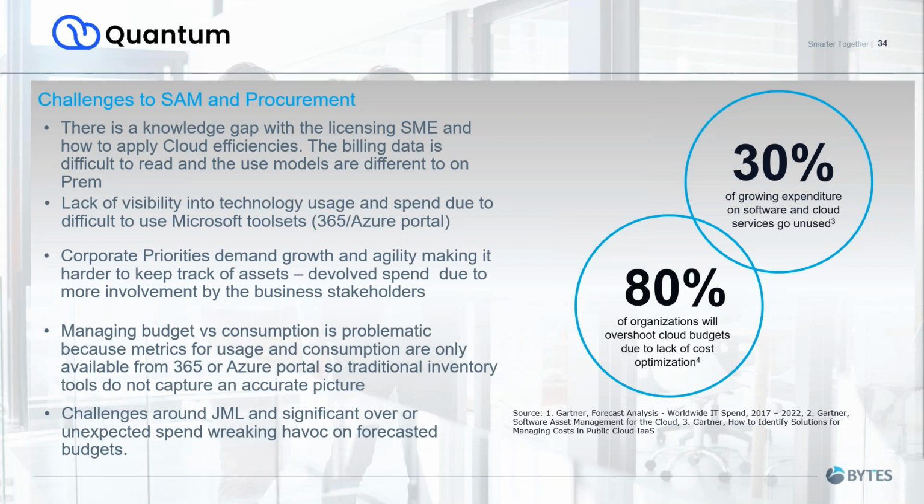So a constant theme that resonates with most customers is that in terms of the cloud budget, they tend to overshoot those budgets. And looking again at the Gartner stats, 80% of organizations will overshoot their cloud budget, and of the spend that they have within cloud, 30% is underutilized.